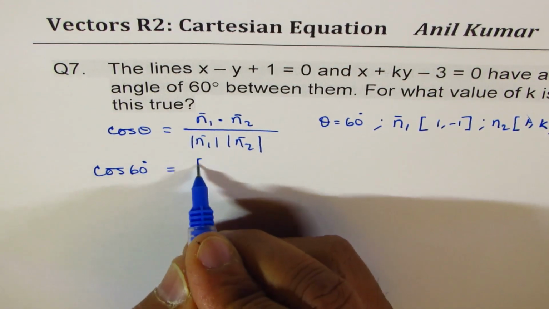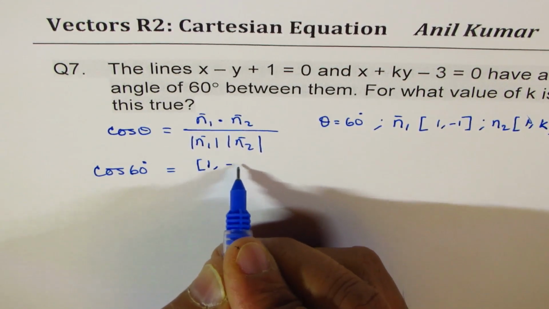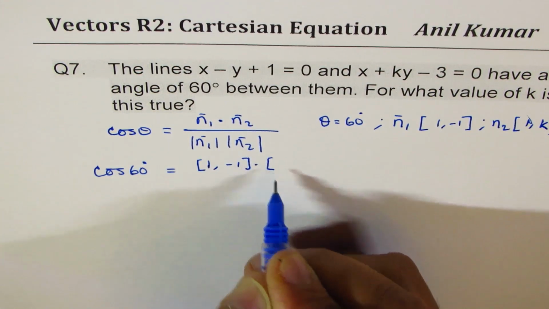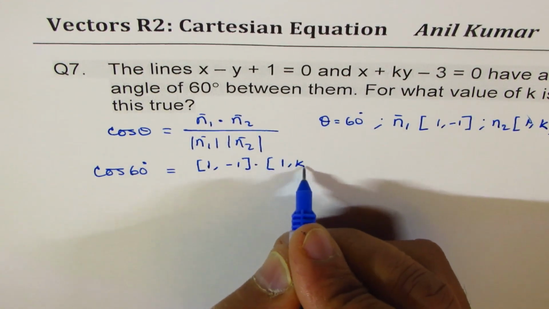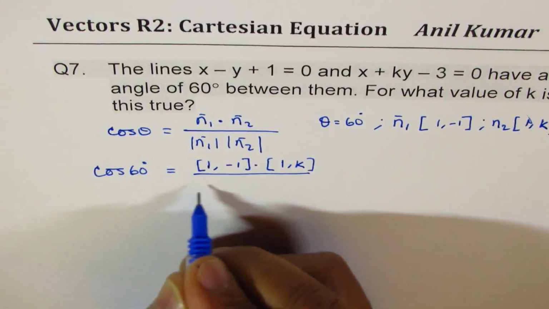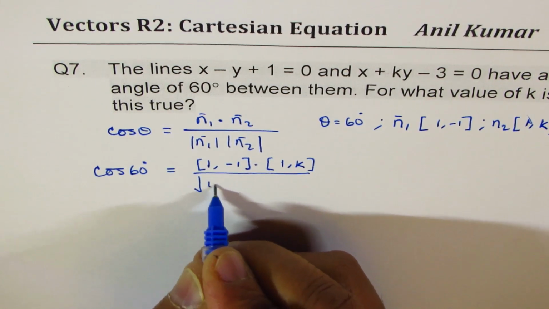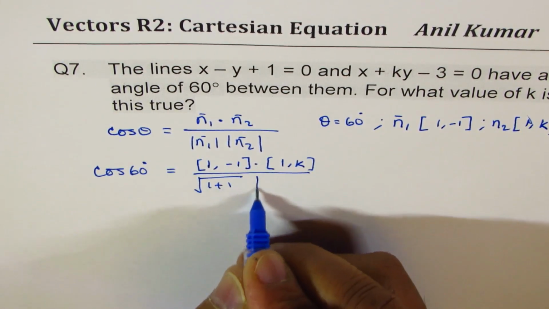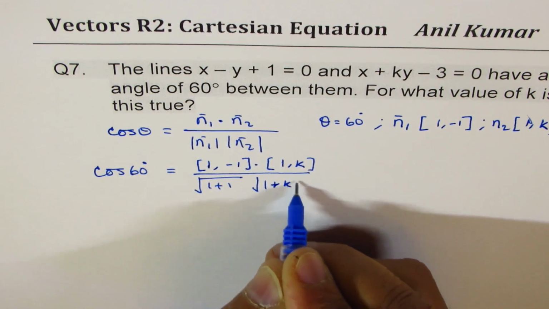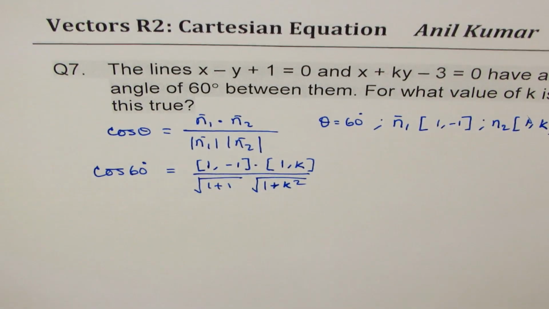So we can say cos of 60 degrees equals (1, -1) dot (1, k) over the square root of 1 plus 1, times the square root of 1 plus k squared. Squares of these, is it okay? Now what is cos of 60 degrees?